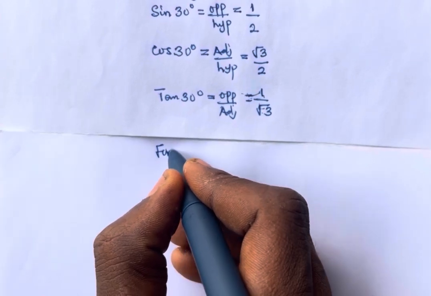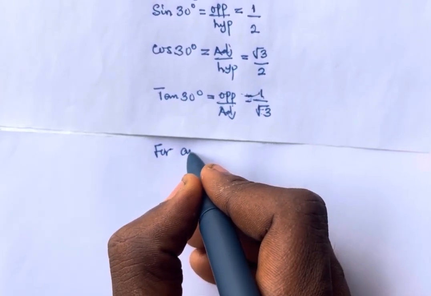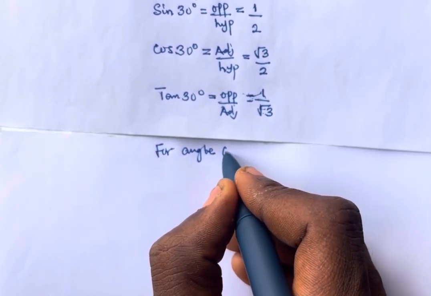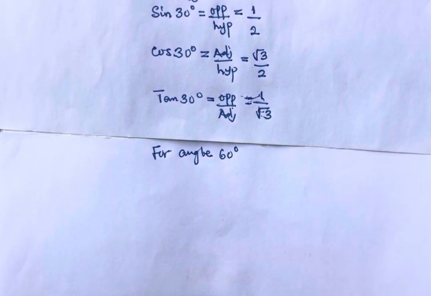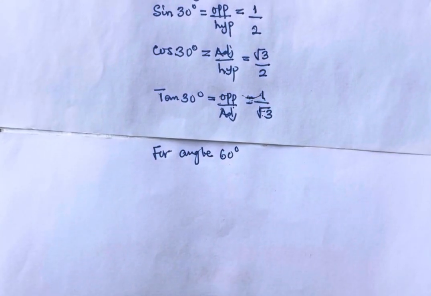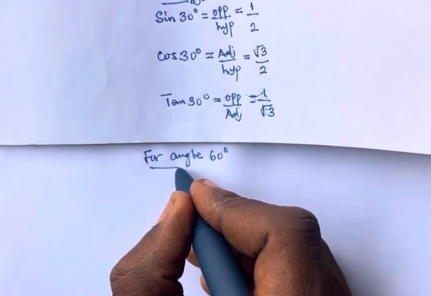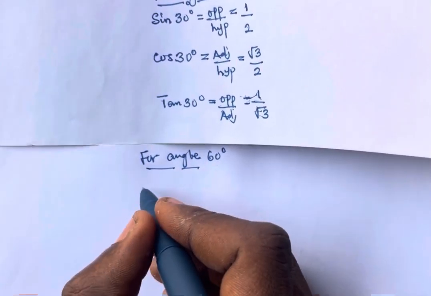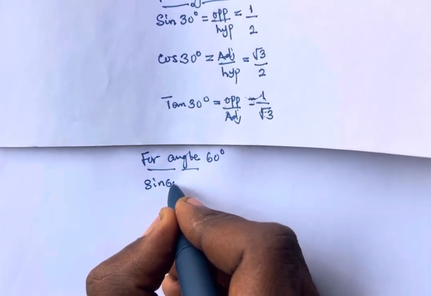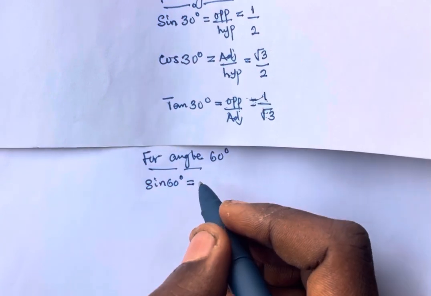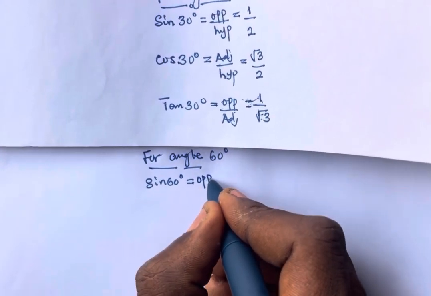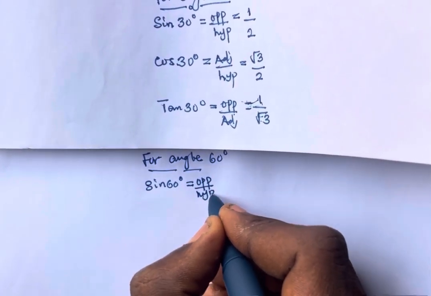For angle 60 degree, we have sine 60 degree is equal to opposite over hypotenuse.